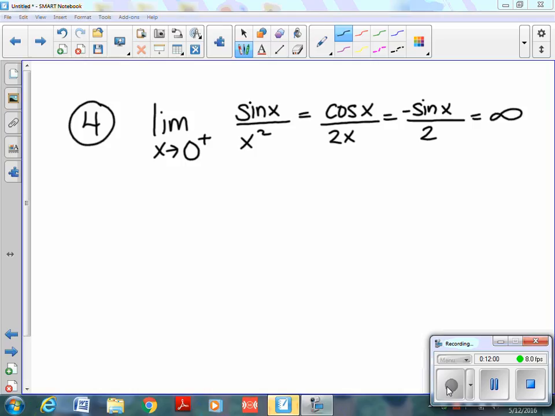Sometimes it works better if you just graph it like number 4 without doing L'Hopital's rule. I'm going to show you some different ones.